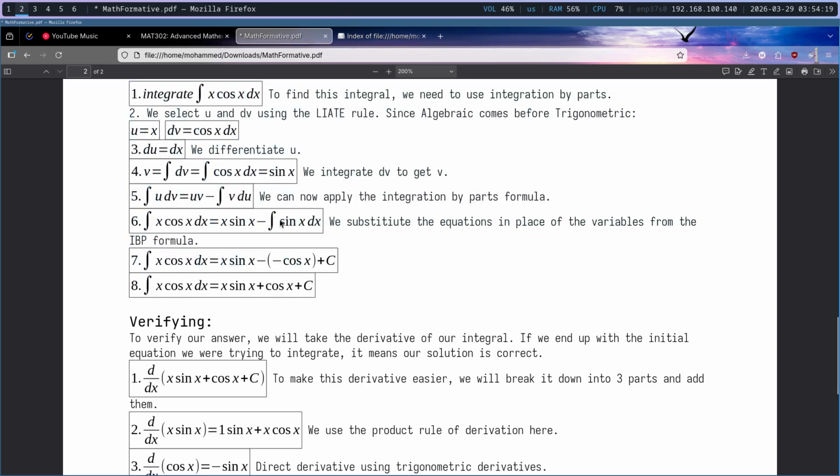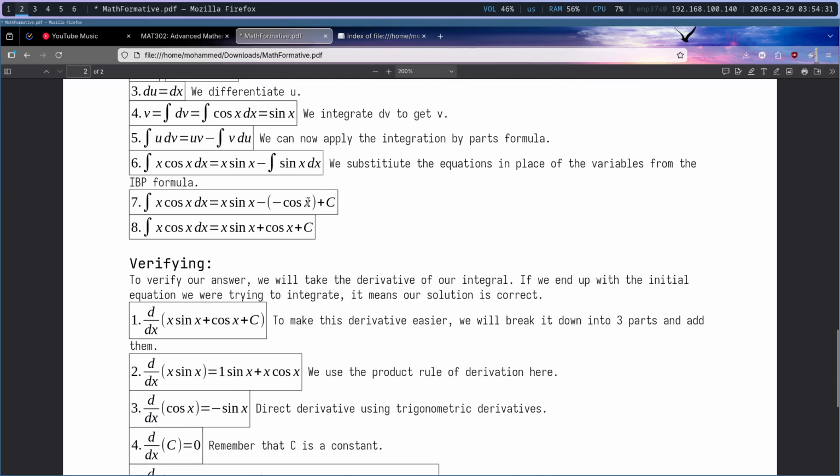So we did minus cosine of x, minus cosine of x is basically the integral of sine of x, and since there's another minus, they just cancel out and it becomes a plus. So our final function is x sine of x plus cosine of x plus c.